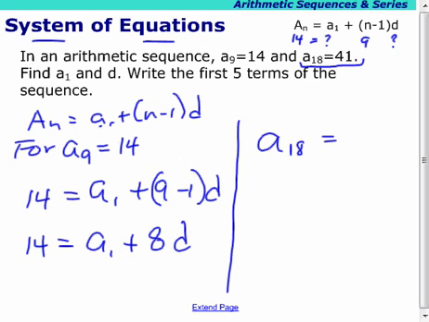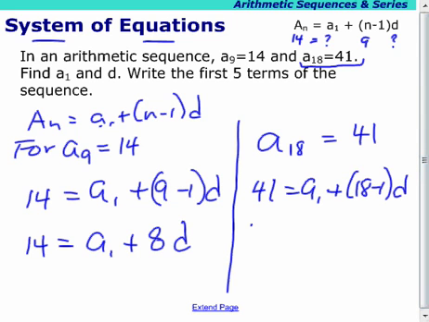Let's try the same thing with the 18th term. The 18th term is 41, so plugging the numbers in again, I'd have 41 is equal to the first term plus 18 minus 1 times the difference. Oh, I don't know the difference. So simplifying a bit gives me 41 is equal to the first term plus 17d.